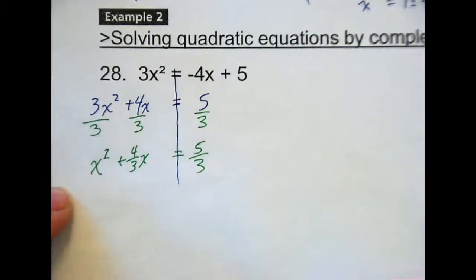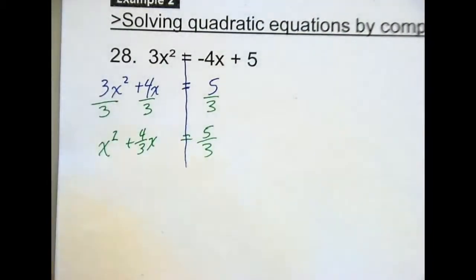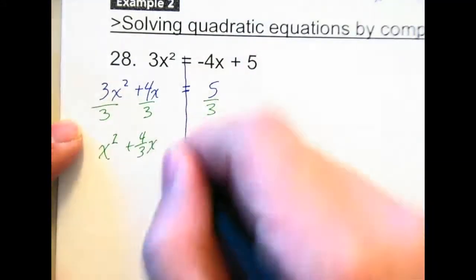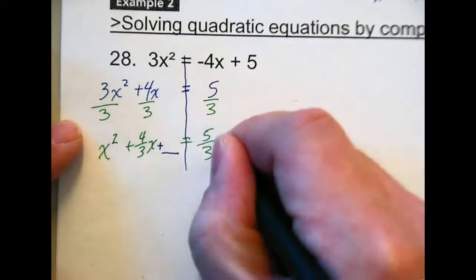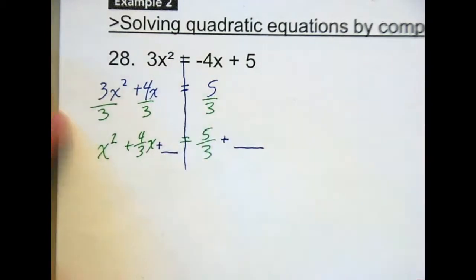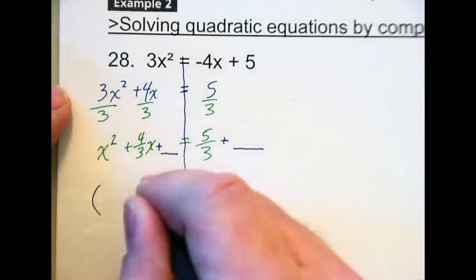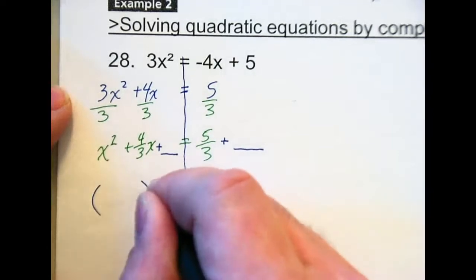If I didn't love fractions, that would be horrible. But since you guys love fractions, not that big of a deal. So we still go through the same process. The only new step is that we divide by that A. Same process. Finish it up there.